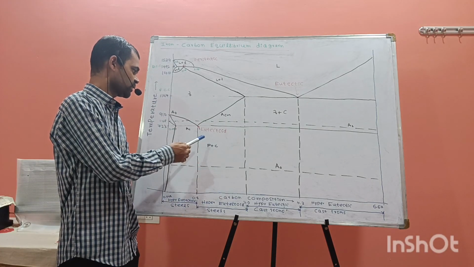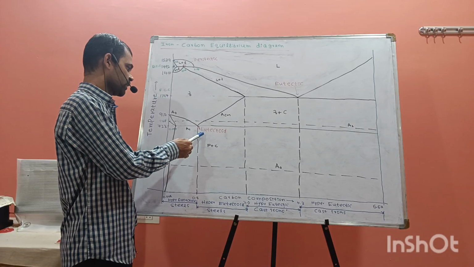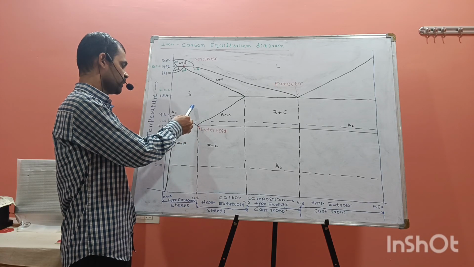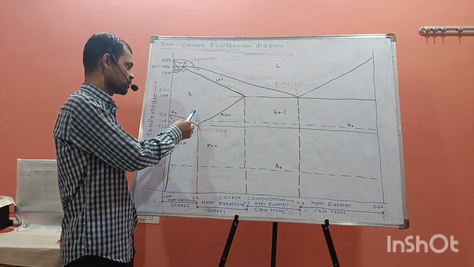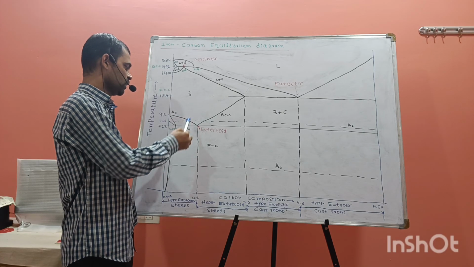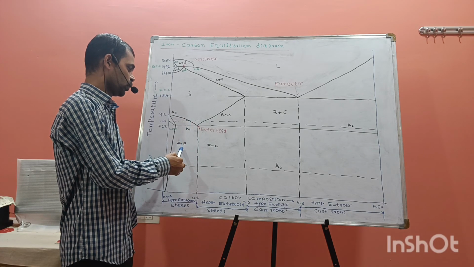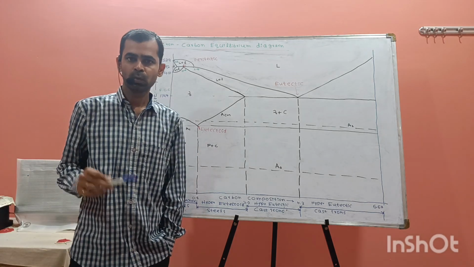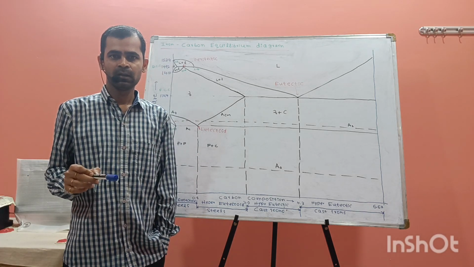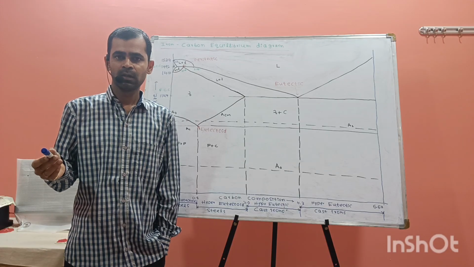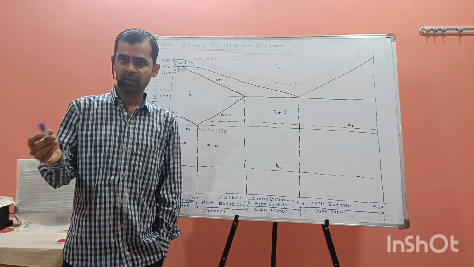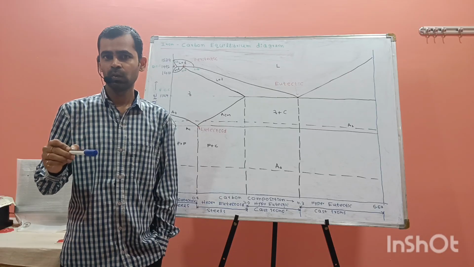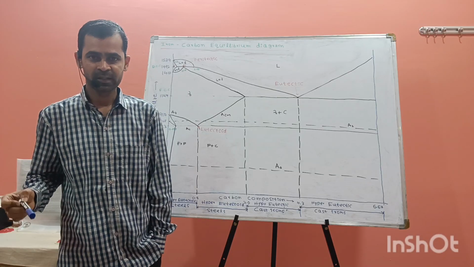The next reaction is the eutectoid reaction, which is a decomposition reaction. One solid decomposes into two solids. On heating, the two solids can become one; on cooling, one solid decomposes into solid 2 and solid 3.